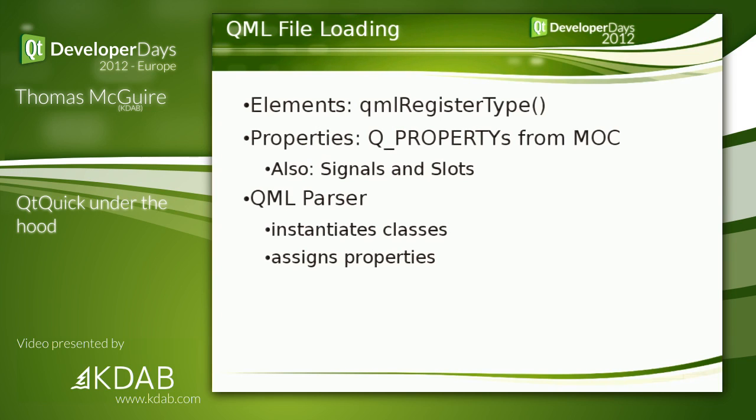The properties are known because of the meta object system Qt has. You also have signals and slots available in QML. We'll come to that later. It's also done by the meta object system. So that's quite easy, right? Not much magic actually in the QML engine.